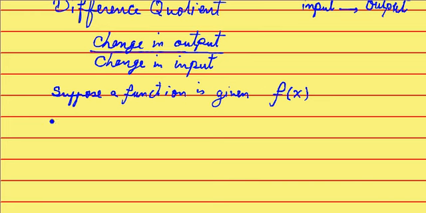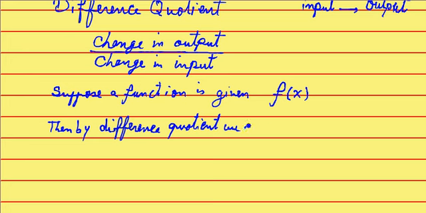Then by difference quotient we mean f of. Now we have to use something that indicates the change in the input.